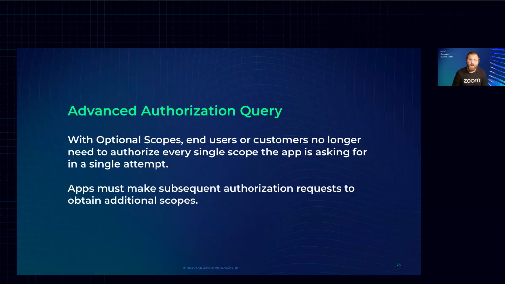With the advanced authorization query, we add a couple of additional parameters to the token request. And you'll see new query parameters that are included in this request are the include granted scopes and the optional scopes parameters that we can add. And more information about these advanced authorization queries is available on the Zoom developer documentation today.